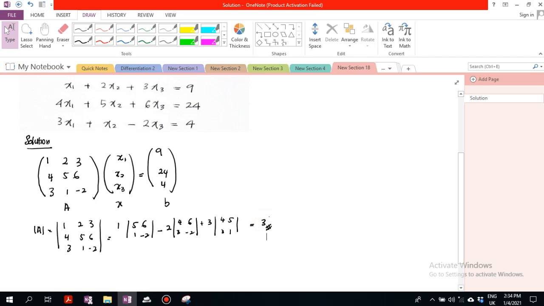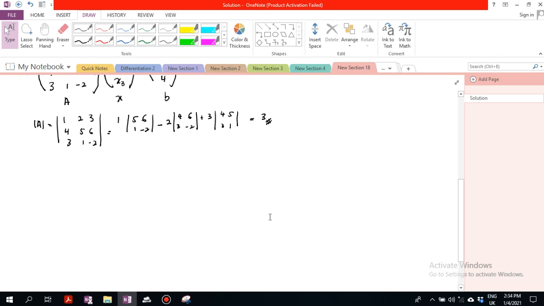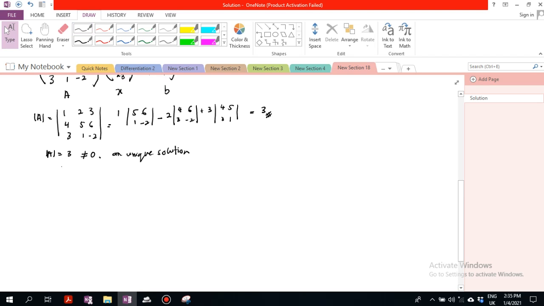Okay, and then how this Cramer concept works is, here we know our determinant is equal to 3, which is not 0, so there is a solution there. Okay, there is a unique solution. So in this concept, what you need to do, you need to find determinant of A1, A2 and A3.